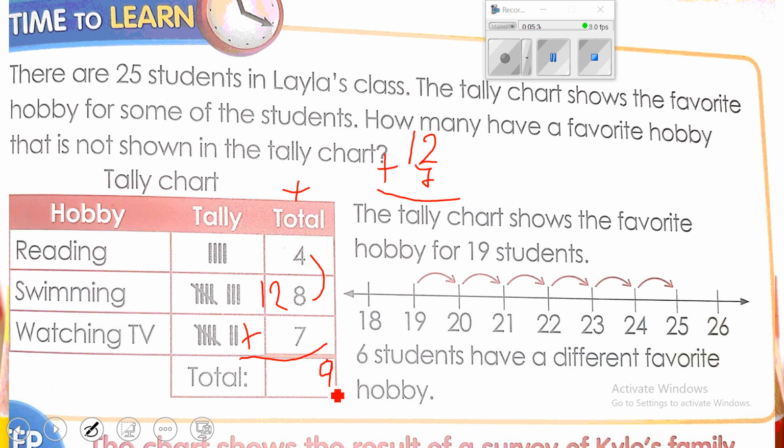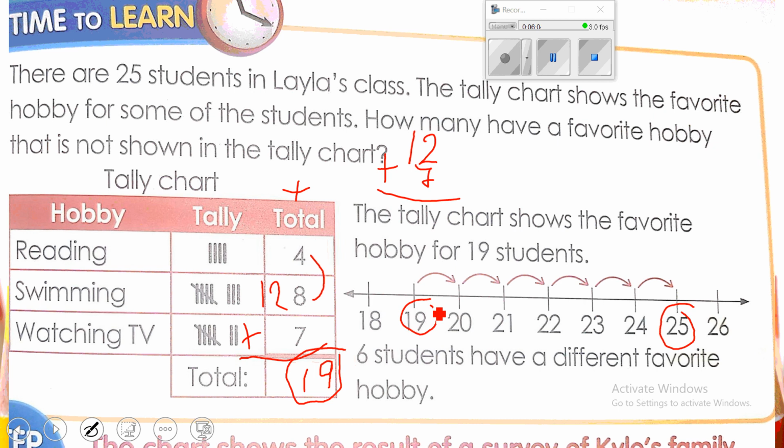I put 7 in my mind, jumping 2 steps, and I just drop the tens, which is only 1. So 1 ten and 9 ones, the answer is 19. Here is the students that I asked, but the total is not 19. The total students are what? 25. And here is 19 on the number line.